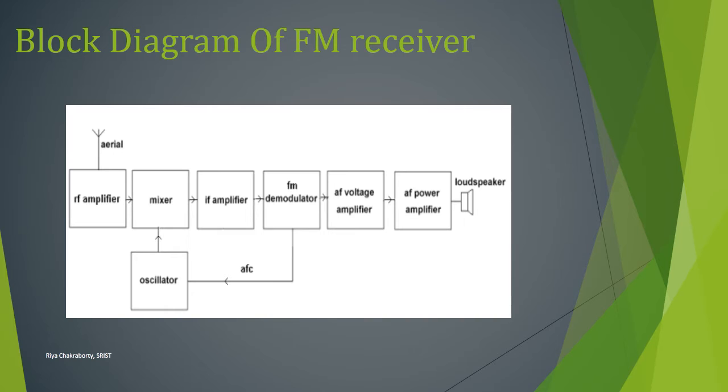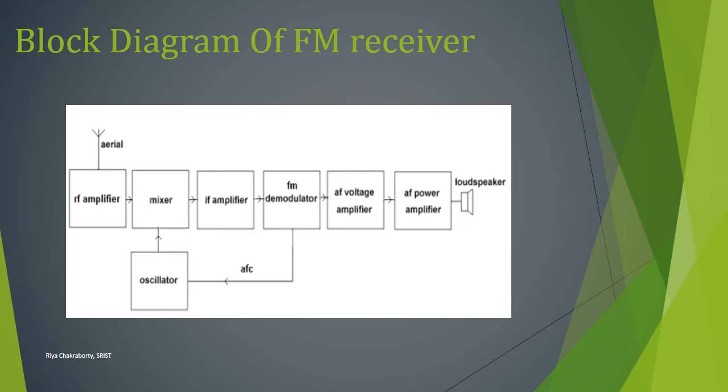This diagram is the block diagram of an FM receiver. You all know about it. It is almost similar to the superheterodyne receiver. There is AGC and here there is AFC. Because this is an FM receiver, frequency control is mandatory, so AFC is needed, that is automatic frequency control.